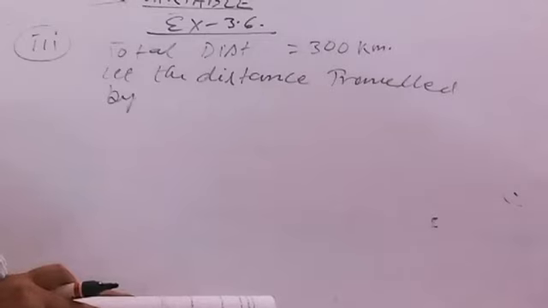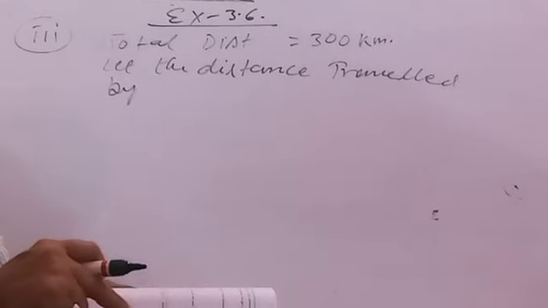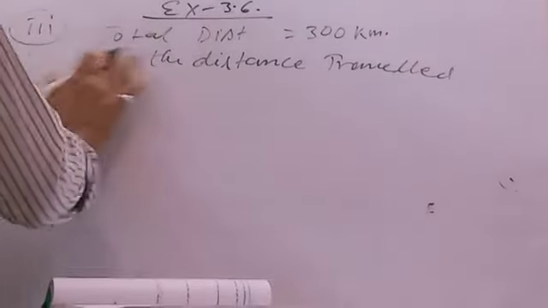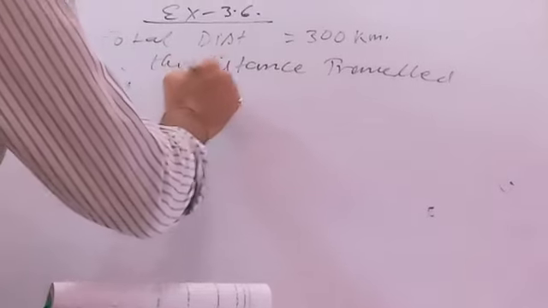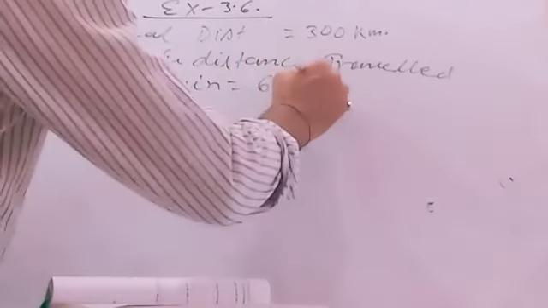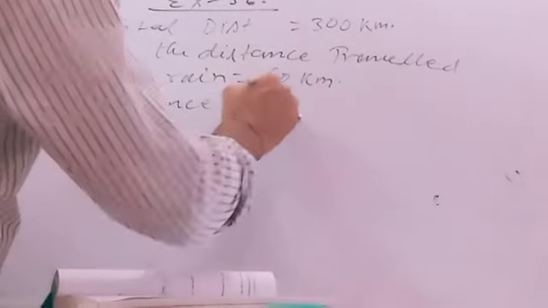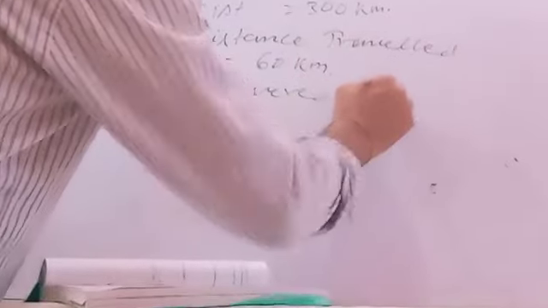So here the distance traveled is given, time is given as 4 hours if she travels 60 kilometers by train. So here the distance traveled by train is given, 60 kilometers. It means the distance covered by bus would be 240 kilometers. Of course the total distance covered by Rohit is 300 kilometers, so if 60 kilometers is traveled by train, obviously by bus it would be 240 kilometers.